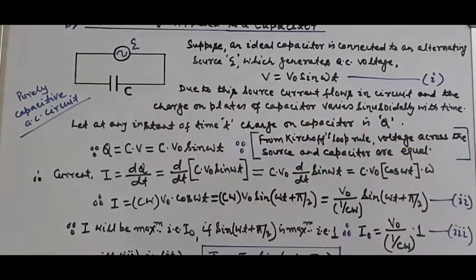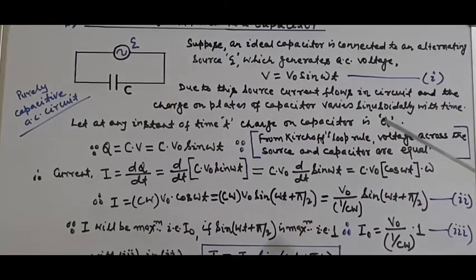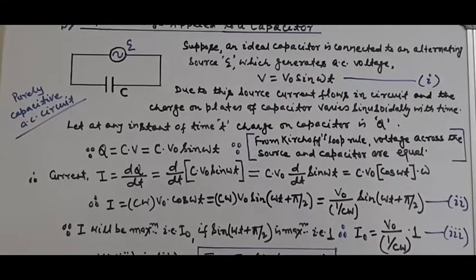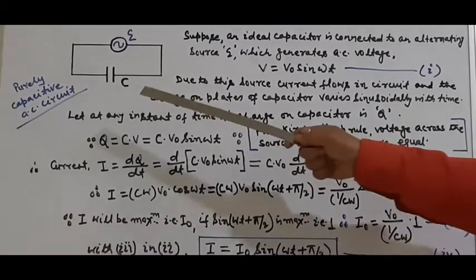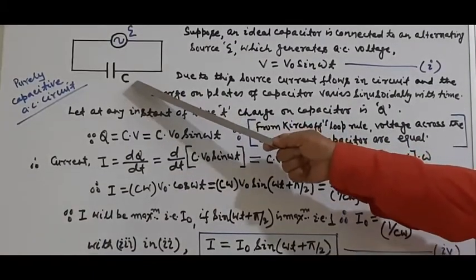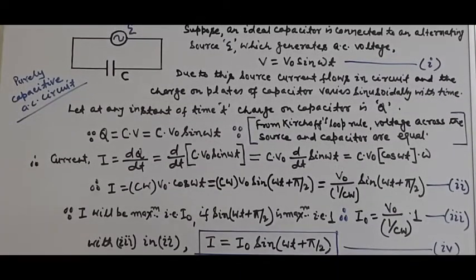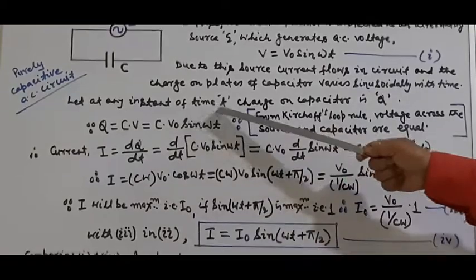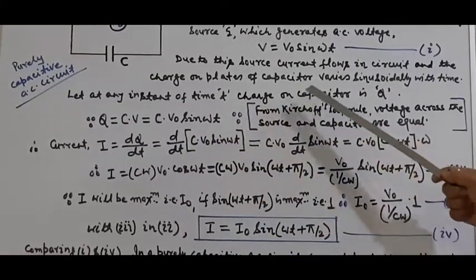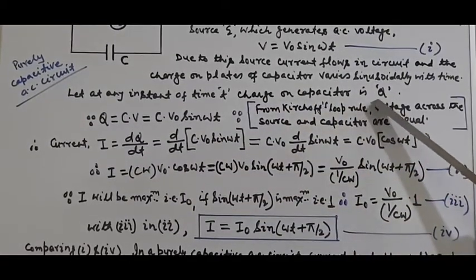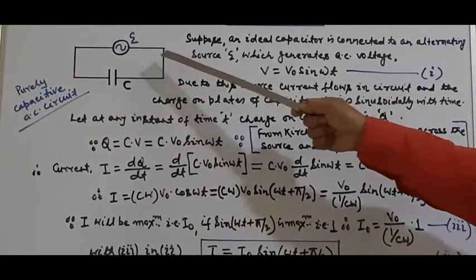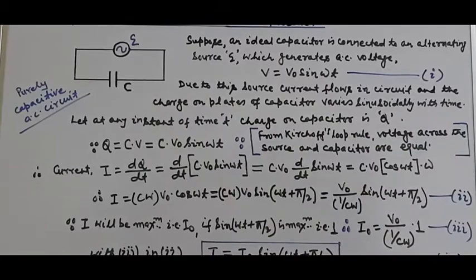So this V equal to V naught sine omega t is called the instantaneous voltage generated by the source in the capacitor. Students, due to this source, current flows in the circuit and the charge on the plates of the capacitor varies sinusoidally with time. Let us assume that at any instant of time t, the charge on the capacitor is Q, because this source of EMF will charge the capacitor.